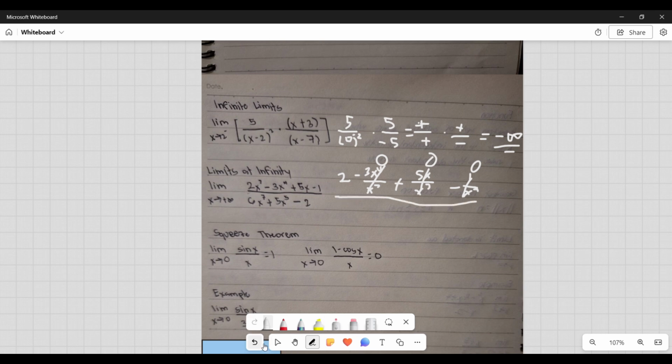So we can do the same thing about the denominator here, which is 6x to the power of 7, divided by x to the power of 7 is just 6, plus 5x to the 5th over x to the power of 7, again this is 0, minus 2 over x to the power of 7, which is another 0.